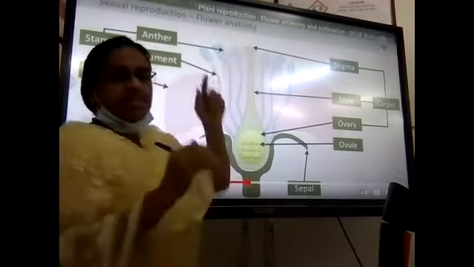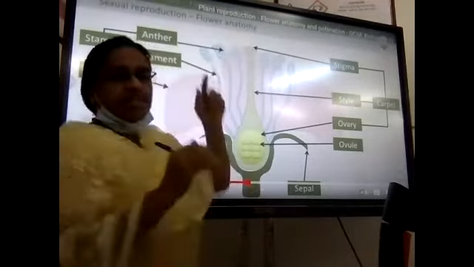Got it? Yes. The pollen will be coming down as a tube that you will learn. I will show you. Then the pollen nucleus comes down and then it joins with the ovule nucleus. Got it? Yes.